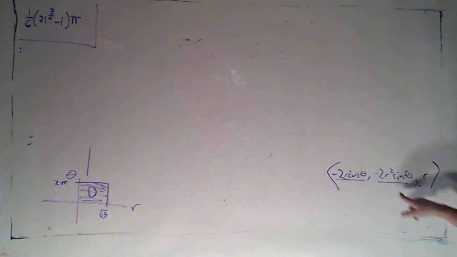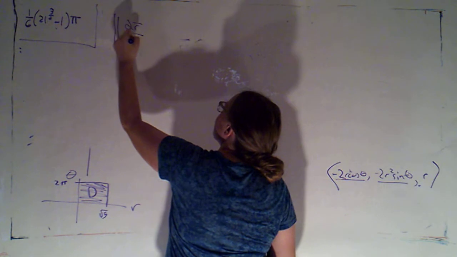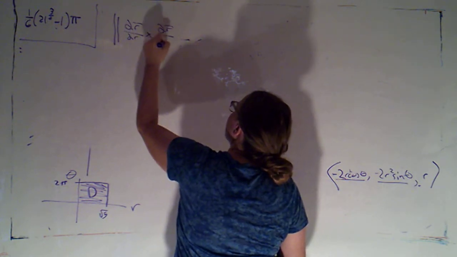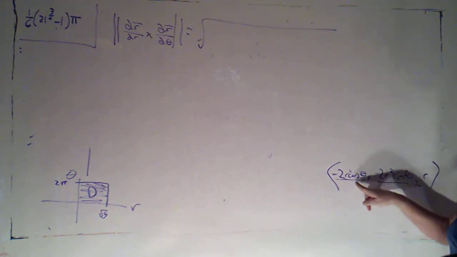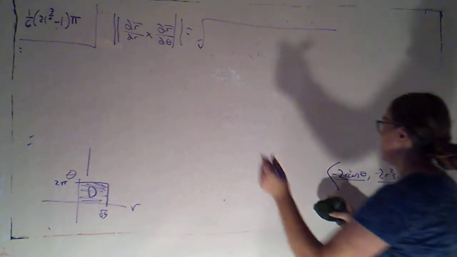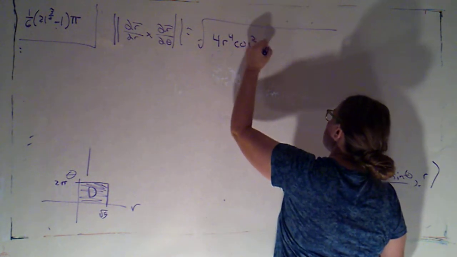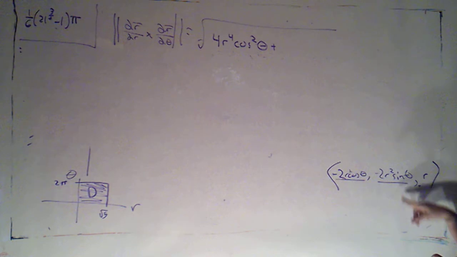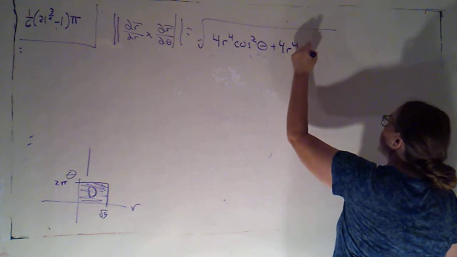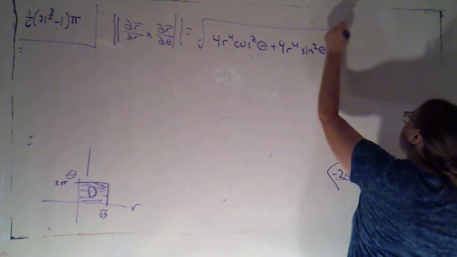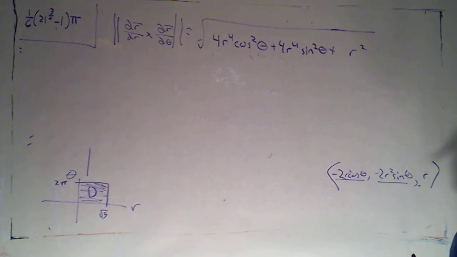Okay, so now I need to calculate the magnitude of that. So the magnitude of the cross product is going to be the square root of this squared, which is going to become 4r to the 4th cosine squared theta, plus this squared, which is going to be 4r to the 4th sine squared theta, plus this squared, which is just r squared.